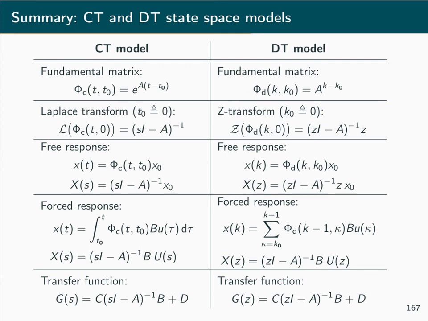The second term of the state trajectory is the so-called forced response, which does not depend on the initial condition x0, but it only depends on the control input signal u.